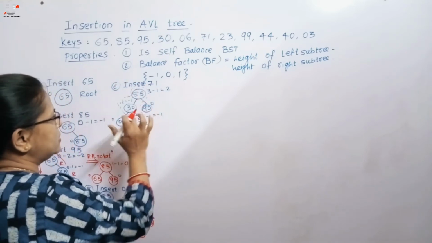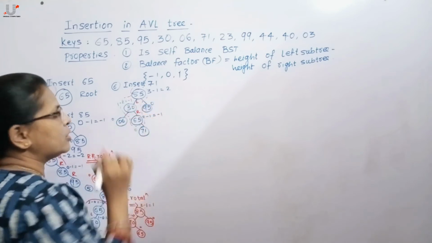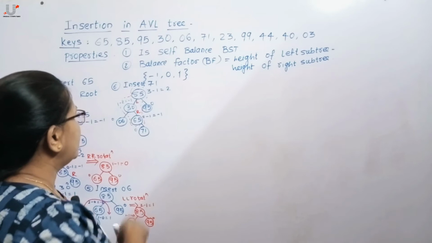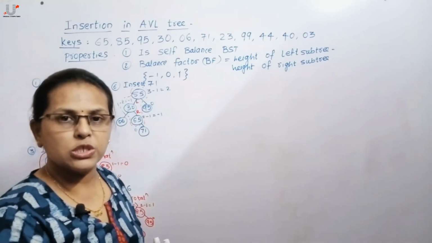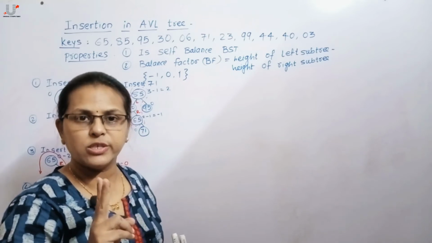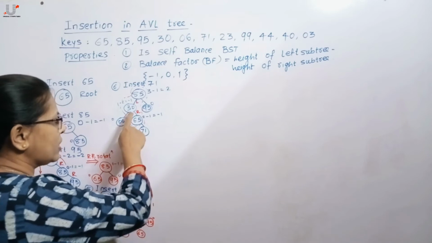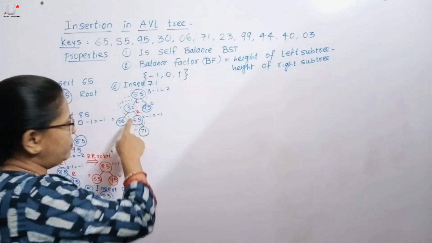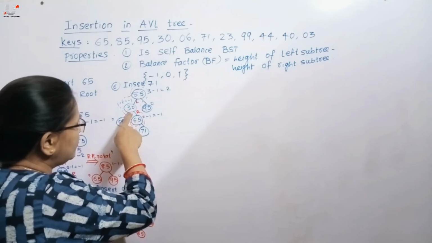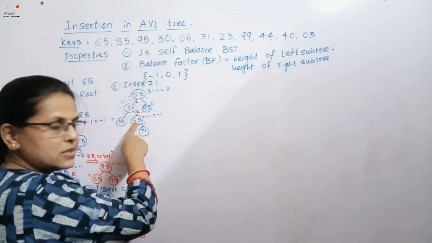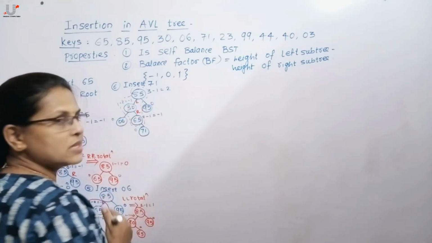So here LR rotation. As LR rotation is a double rotation, it takes 2 rotations to balance the tree. First we have to apply a left rotation between 30 and 65.